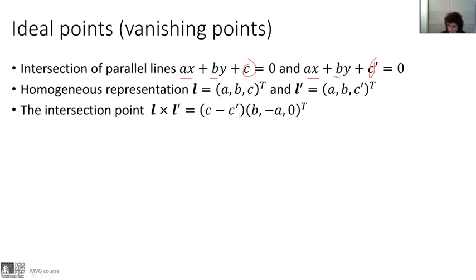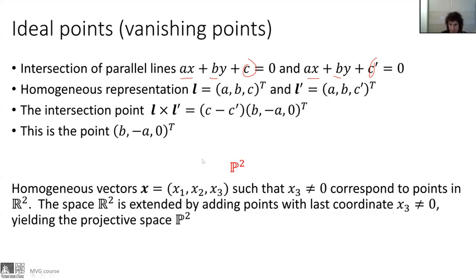We can ignore the constant due to the homogeneity. And the resulting point is B, minus A, 0. If you think about it, this stands for the direction of the line, for the line which is ABC or ABC prime.